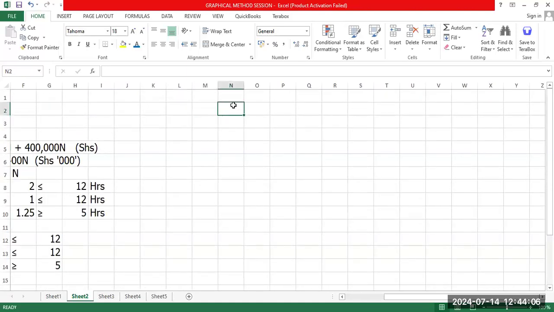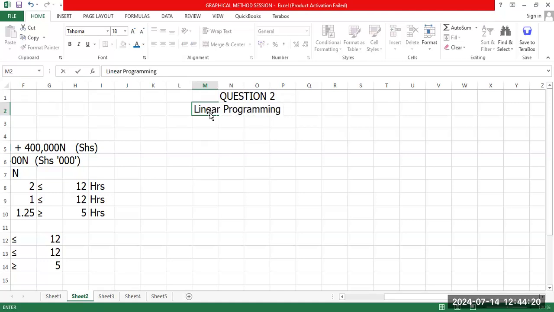For question 2, linear programming model.